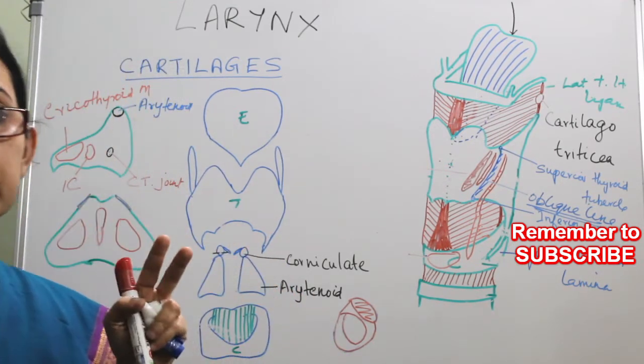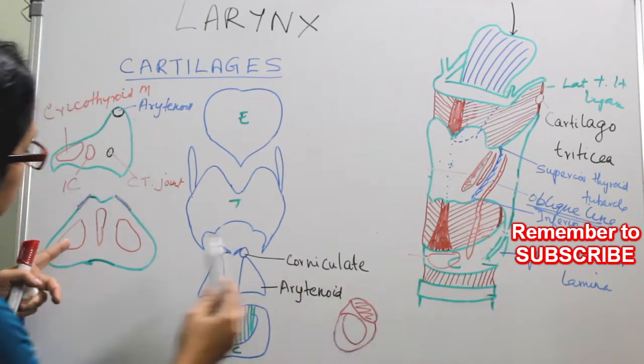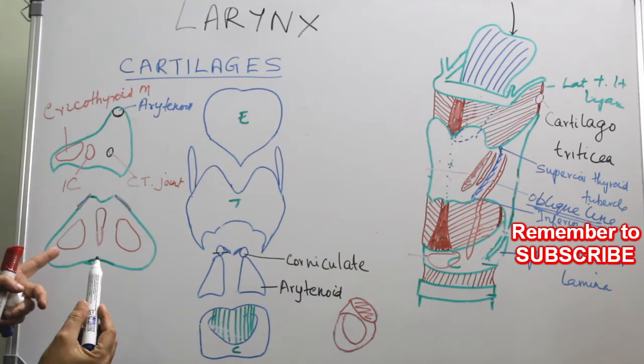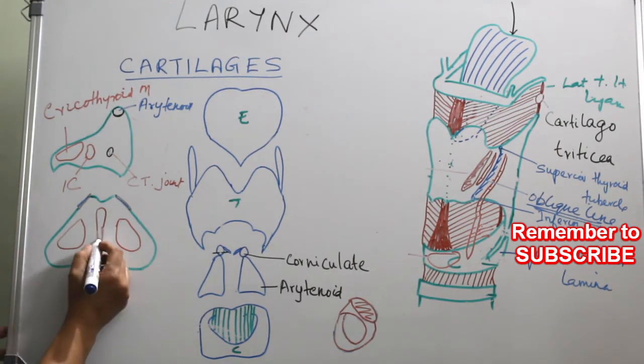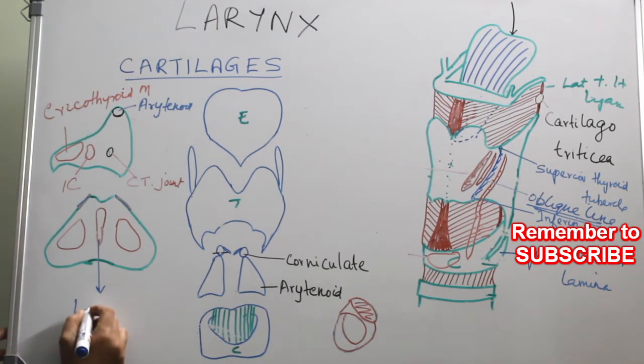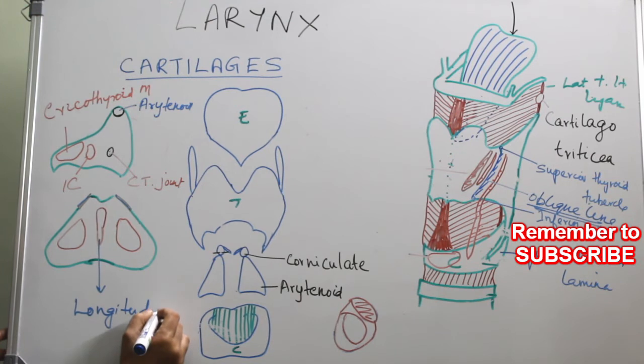So you can remember in that way. On the posterior part, the quadrilateral lamina, on the midline there is attachment of the longitudinal muscle of esophagus.